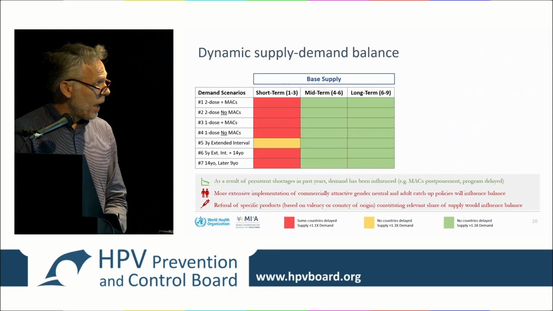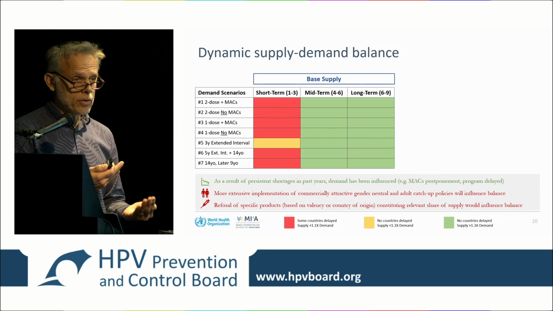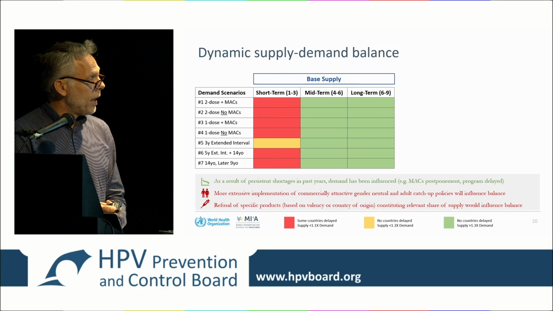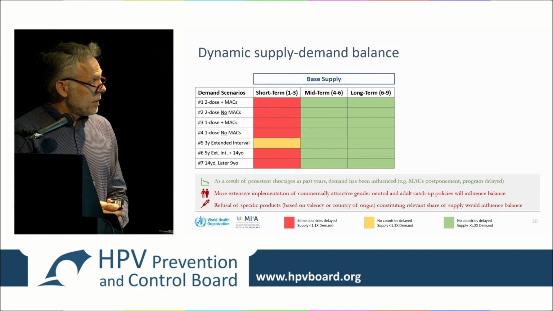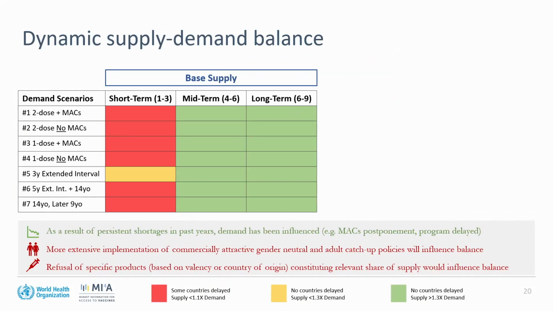So here you can now see what the demand-supply balance does. And so here you see these scenarios being played out, and the red means there's more demand than supply, and hence there will be countries that cannot introduce.